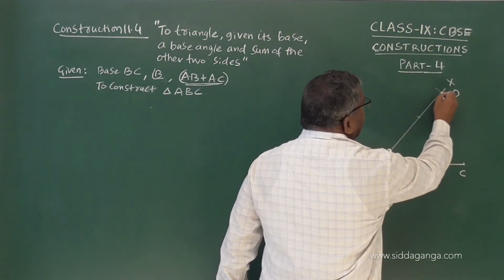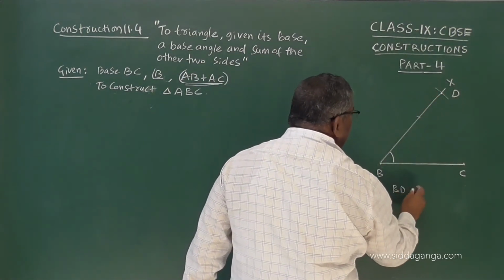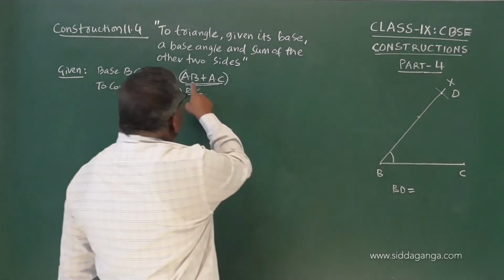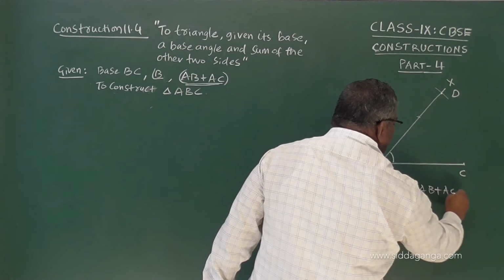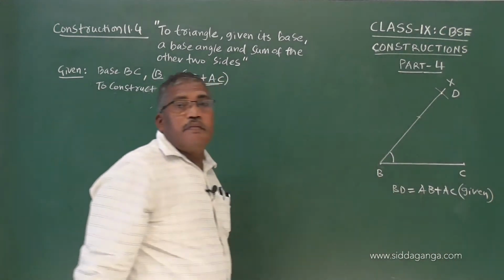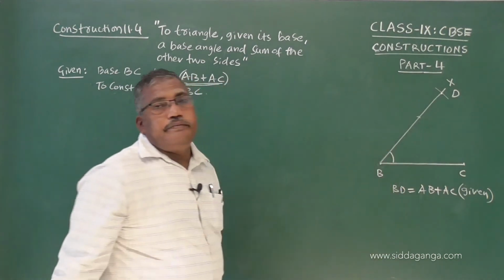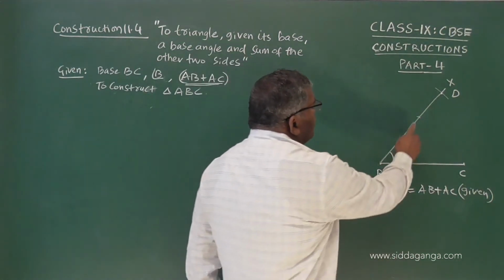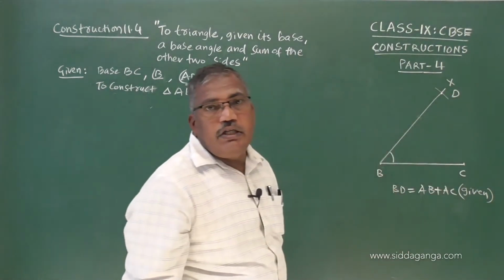Remember, BD is equal to given AB plus AC. So, it is given. So, this length you have to take to get point D on the given angle. Now, the next thing is you got the length BD, line BD you got.